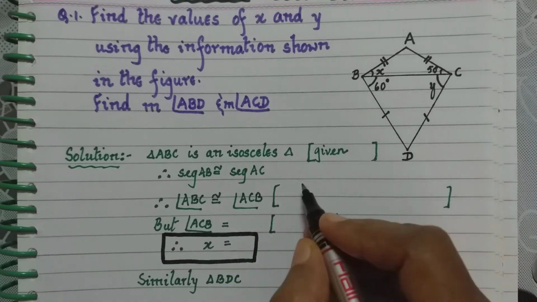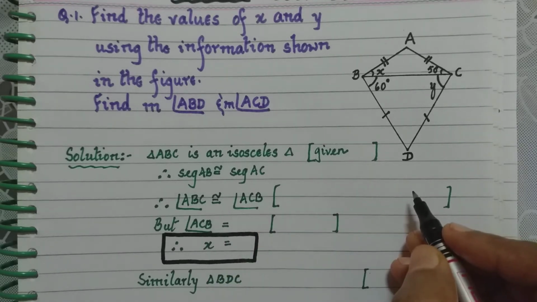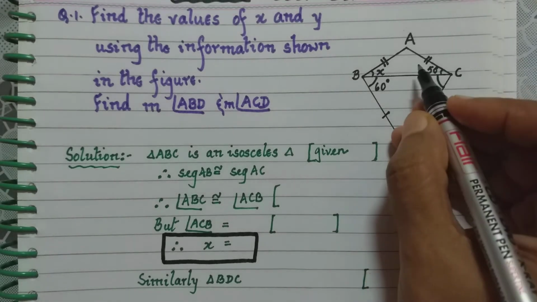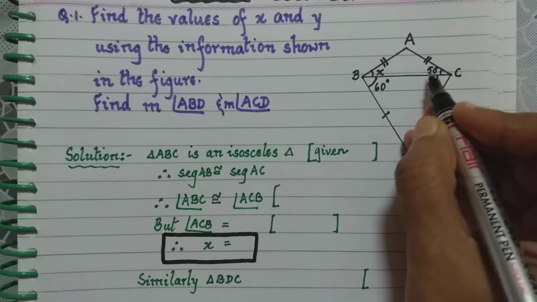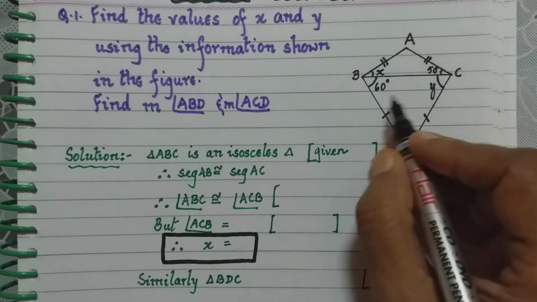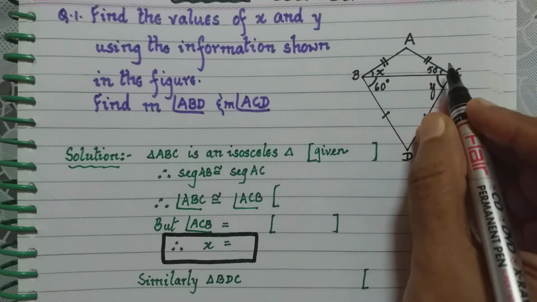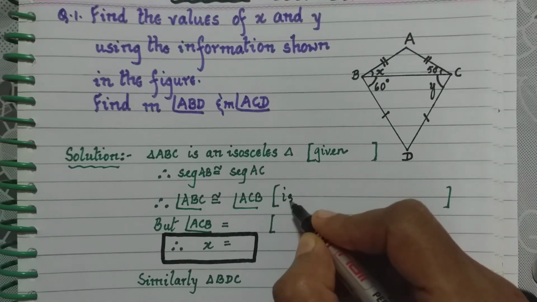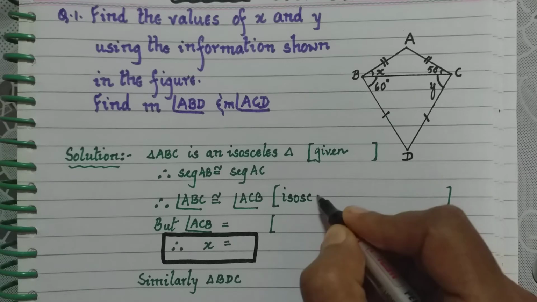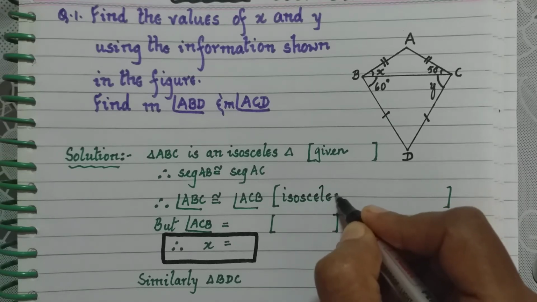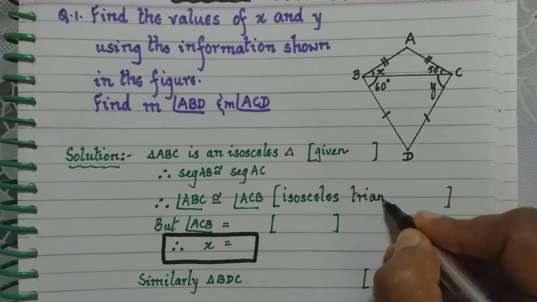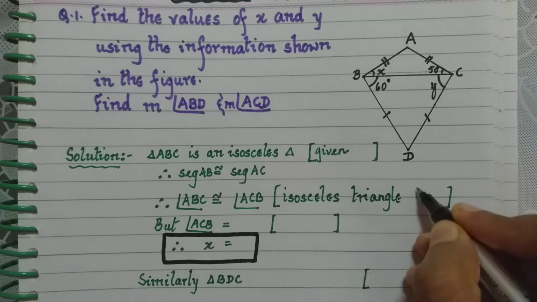By what? By the isosceles triangle theorem. The isosceles triangle theorem stated that when a pair of sides are congruent in a triangle, the opposite angles also are congruent. So we can write here isosceles triangle theorem.